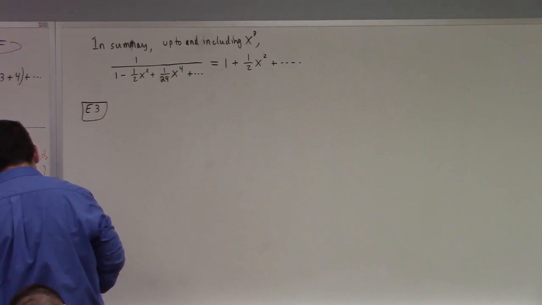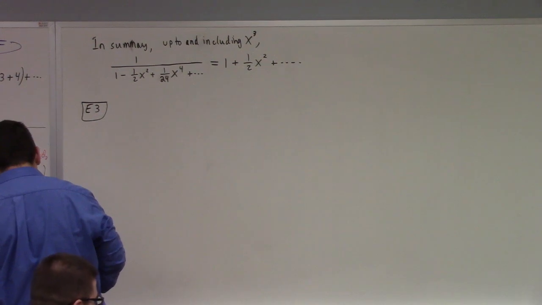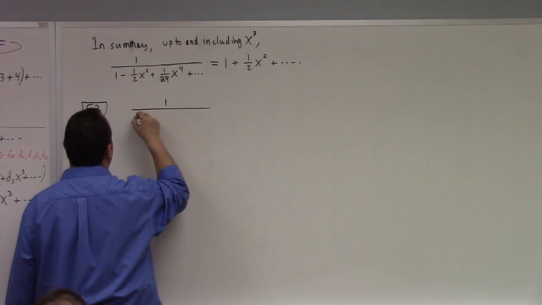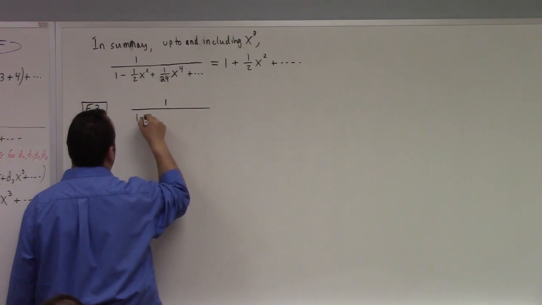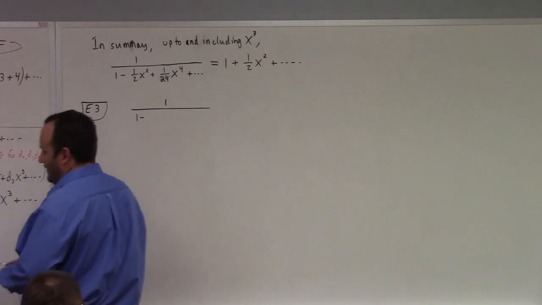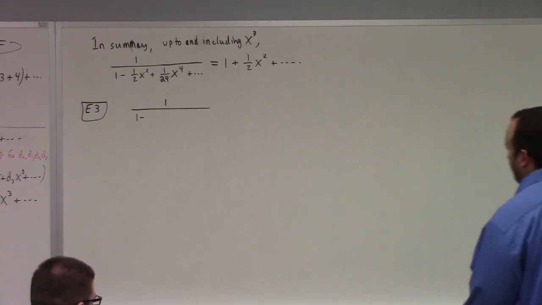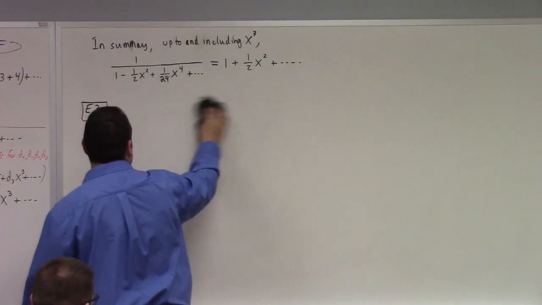That is my default, not being clever. Fine. 1 over 1 minus. Oh, if I'm clever here, you won't be able to see what we're doing. I better not. Don't be an idiot. It's not worth the joke.